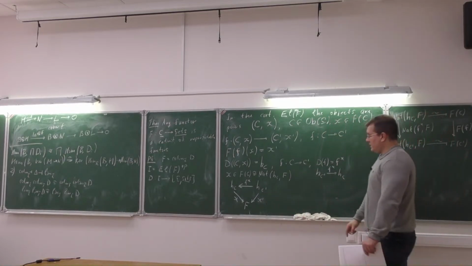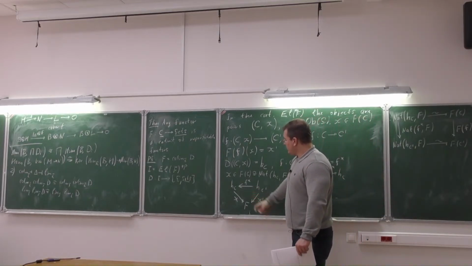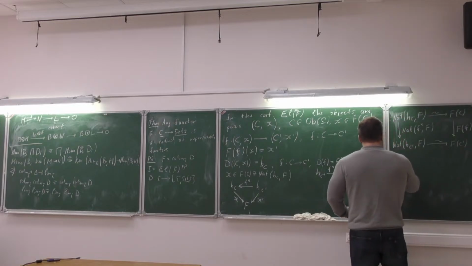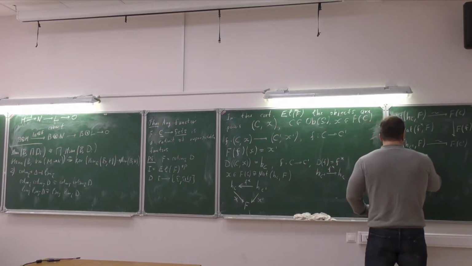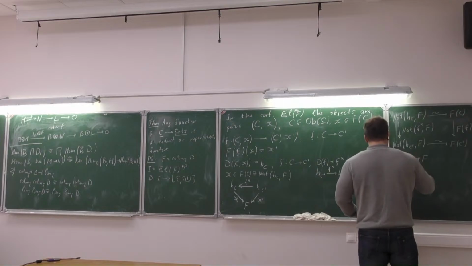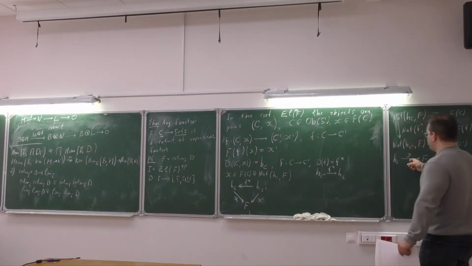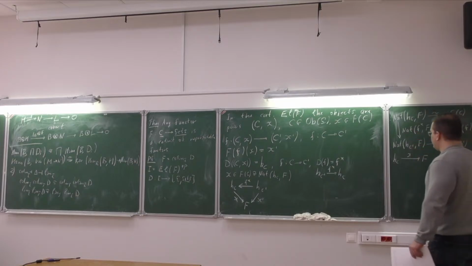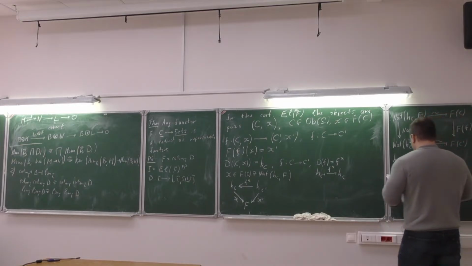But the meaning that this triangle is commutative is precisely that if you look at the diagram h sub C mapping to the F by some little x, so now this little x, which is the second argument in the category of elements, is just kind of the projection in the cone, right?